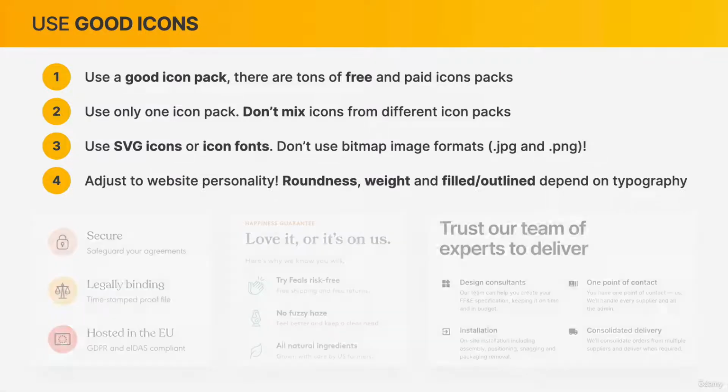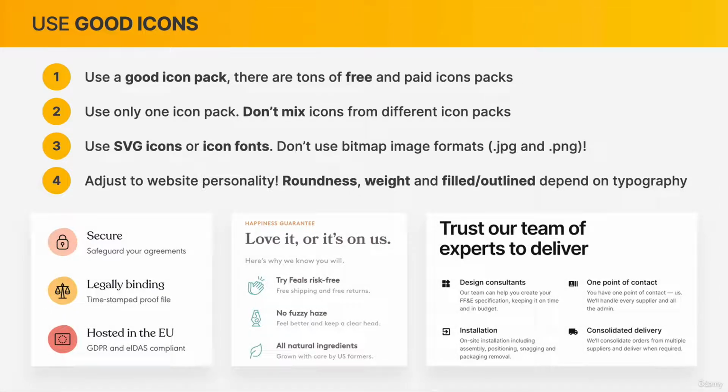So let's see some examples here. The first one has a very round typography, especially in the headings there. And so therefore the icons are also very round, right? Even the shapes that they are in are not even just round, they're also a bit irregular. And so all of that will contribute to the overall roundness of the design.